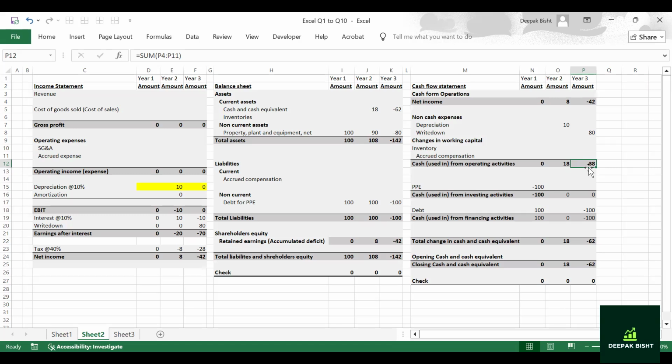But because the factories are broken, this debt has to be repaid. So this will be minus 100, and this will cause a cash outflow of $62. This cash outflow of $62 will reflect here in the cash and cash equivalents.